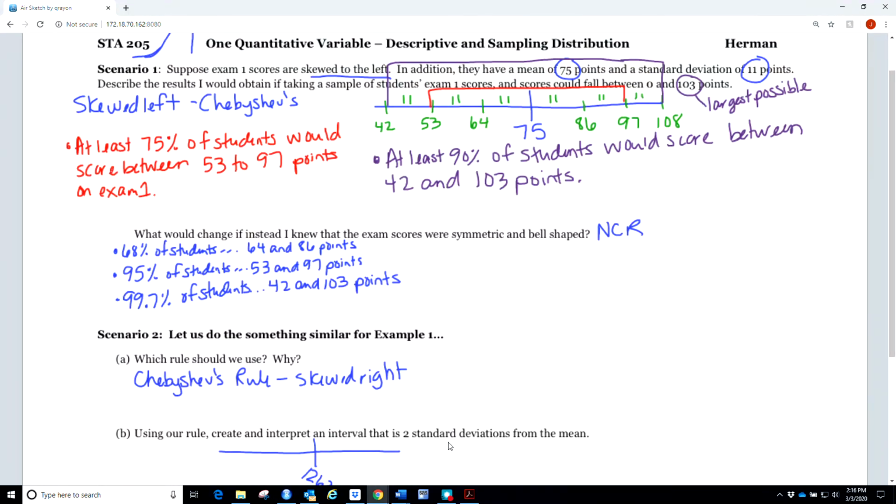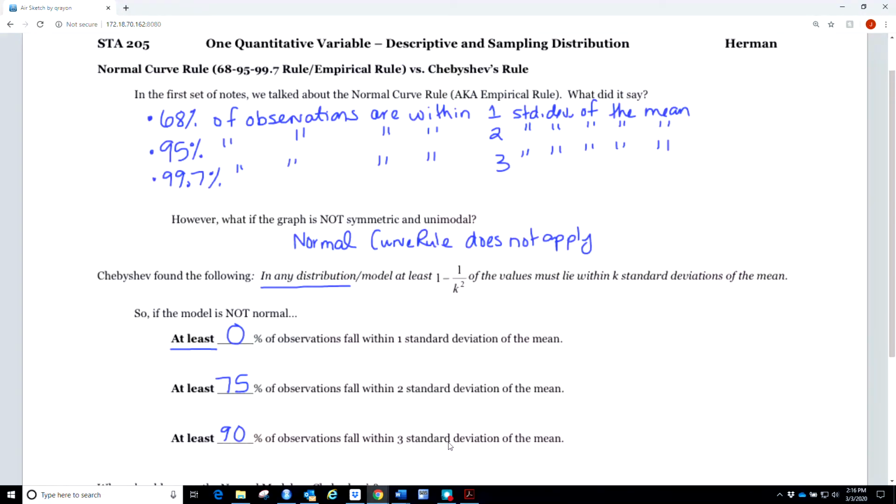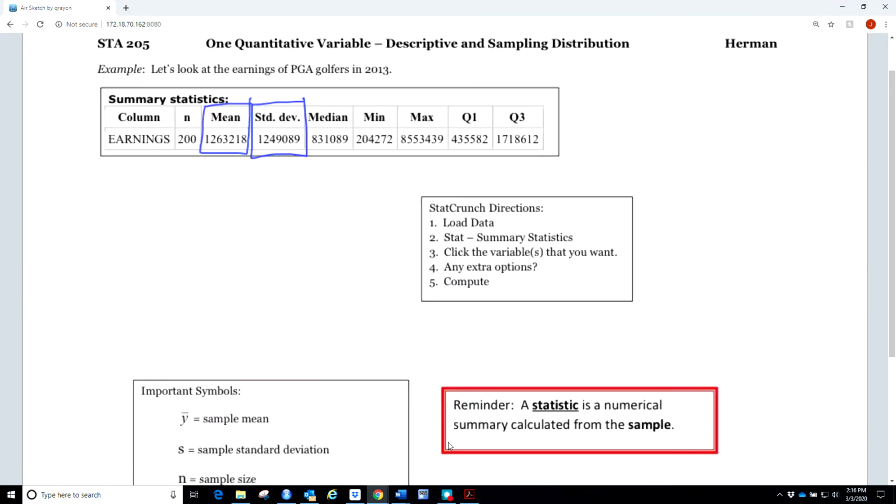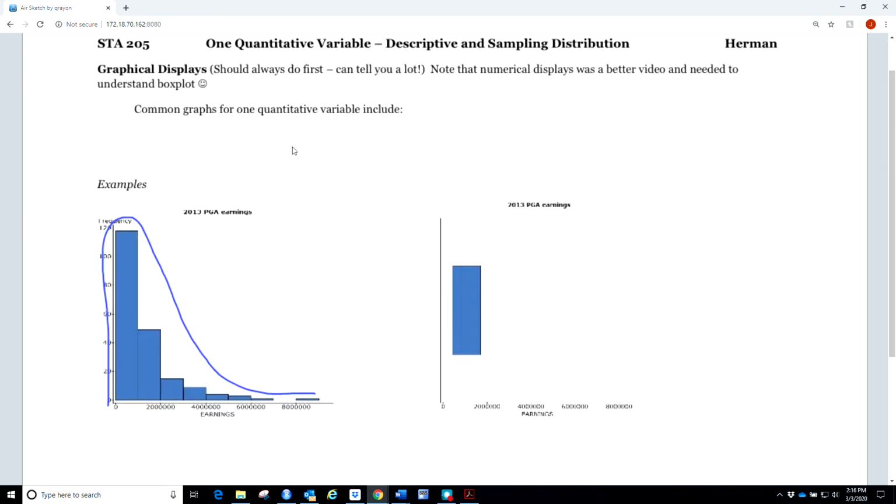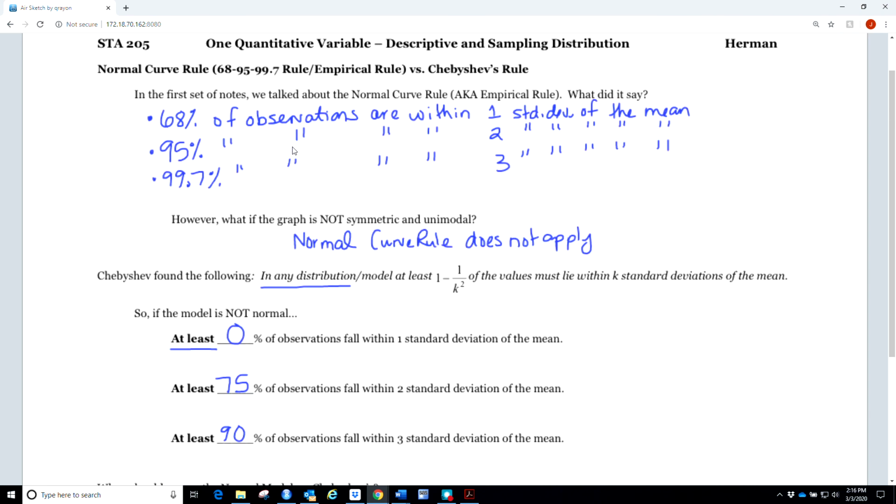This time, since it says to go out 2 standard deviations, I'm just going to go out those 2 values. And then we're going to use our standard deviation, which was this 1.24 million value, as the size of my increment.